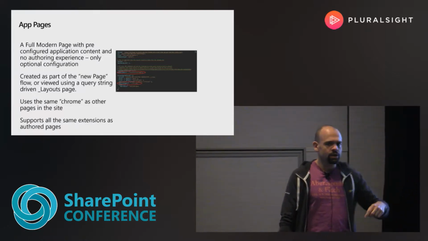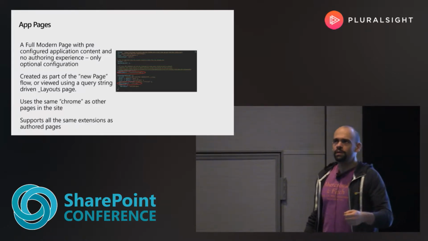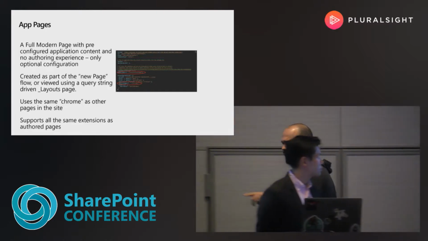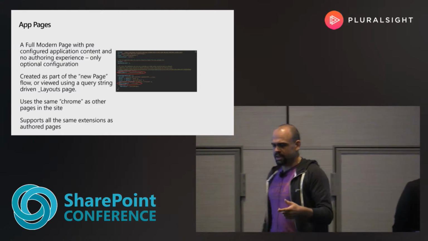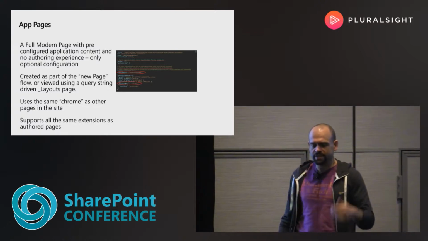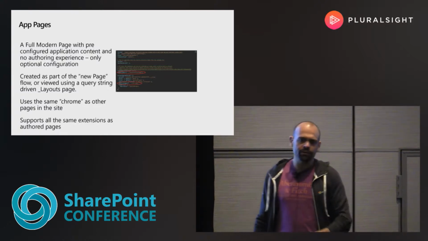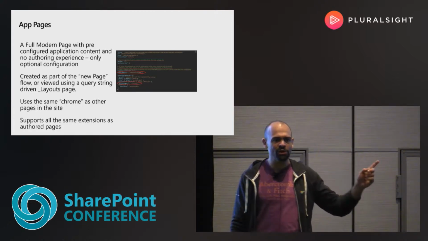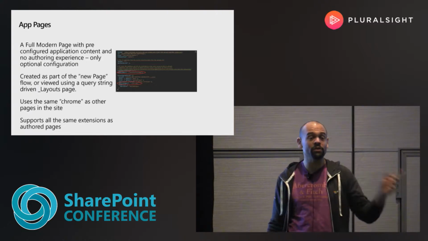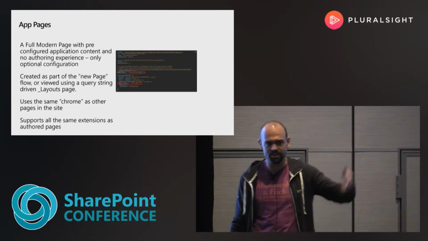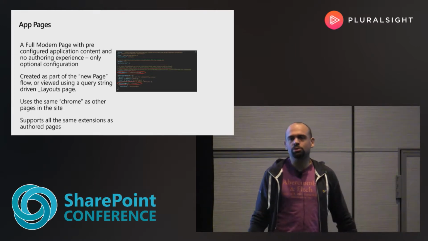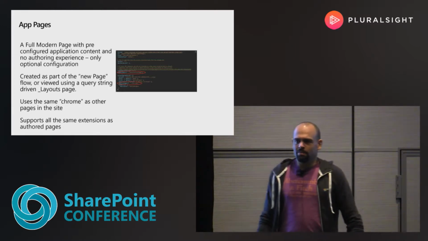Another way to use the app page component is a special underscore layouts page that we have that will point to the app page. The scenario here is that you want one single page across your site collection, or across all the site collections you have, maybe in the root site collection, that gives you the ability to do people management.